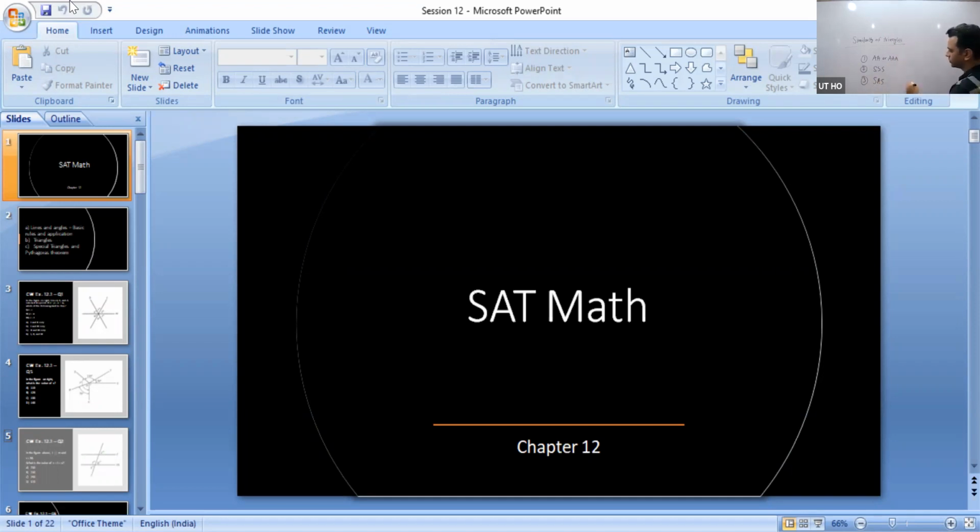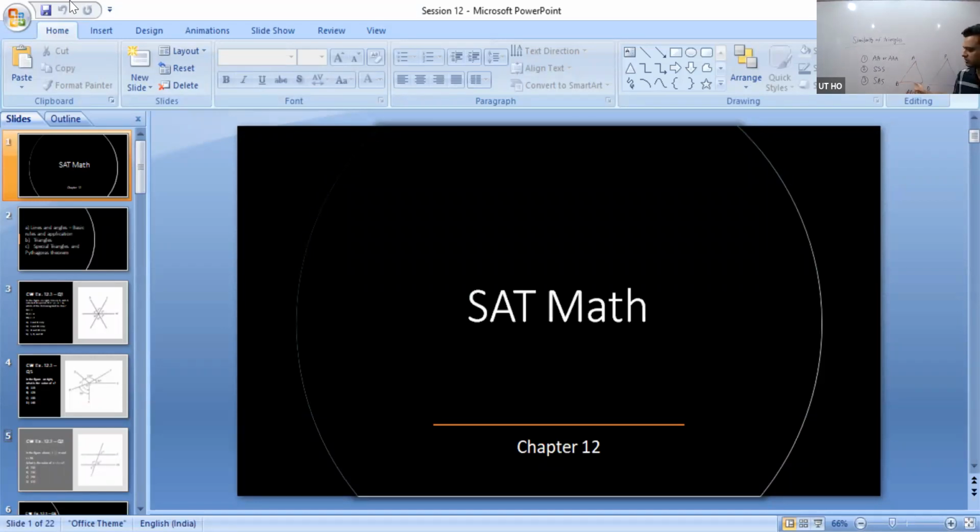Let's say we have 2 triangles ABC and PQR. If this side is equal to this side, or we can say AB equals PQ, and BC equals QR, then the angle should be in between these sides.